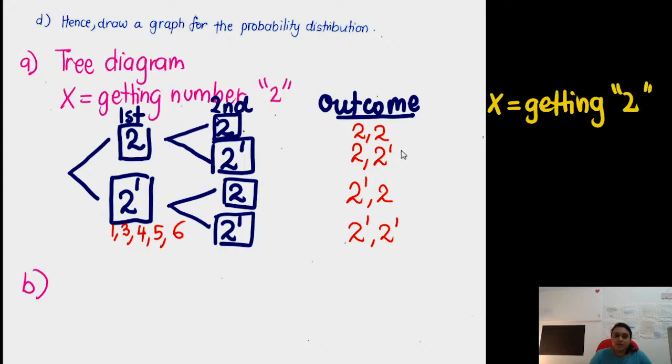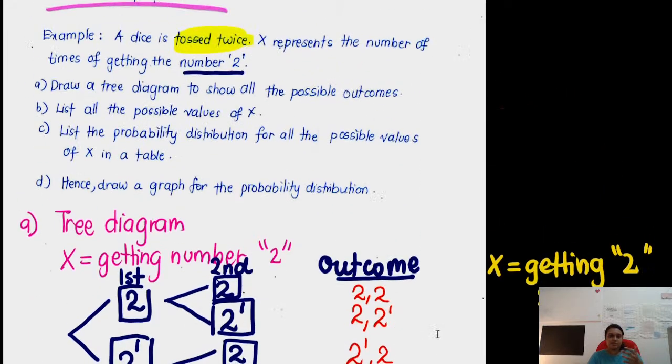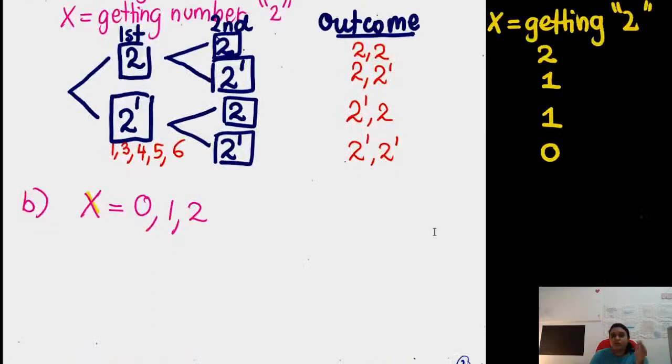Here we got 2 number 2s. Here we got 1. Here we got 1. Here we got 0. So your outcomes are, you can write down here, x equals to 0, 1, and 2. You don't have to use set notation because they did not mention. So we just list down only the possible values.